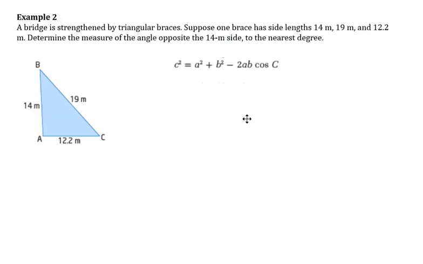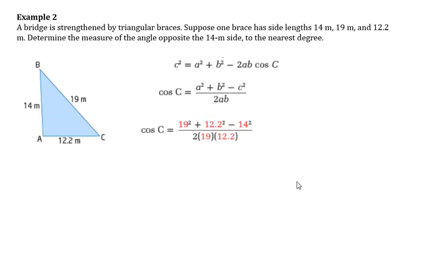And this time we're going to use this cosine law, but we're going to rearrange it because we're solving for an angle. So we move the 2ab cos c over to one side, bring the c squared over to this side by subtracting it, and then we're going to divide by negative 2ab.